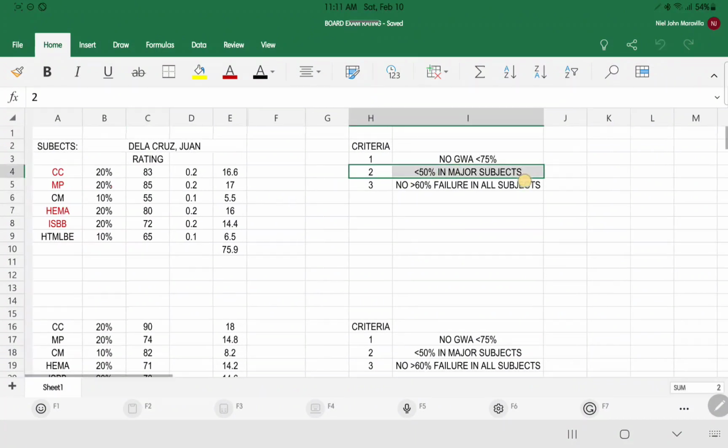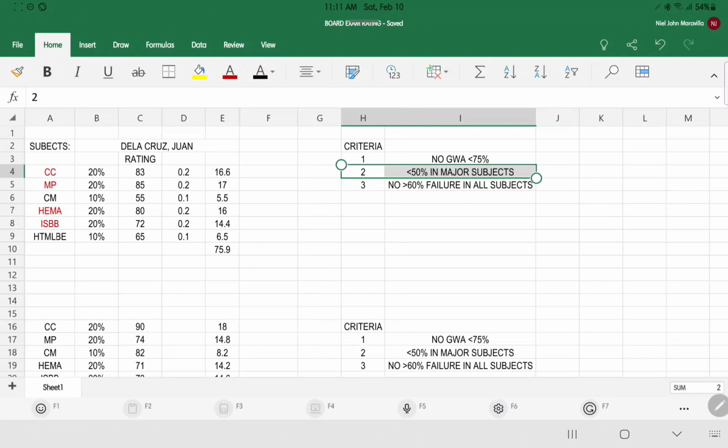He does not fall under criteria number 2. Clinical microscopy is not a major subject. The major subjects are only those with a 20% subject weight, so CC, Micropara, Hema, and ISBB, the ones in red, are the major subjects.